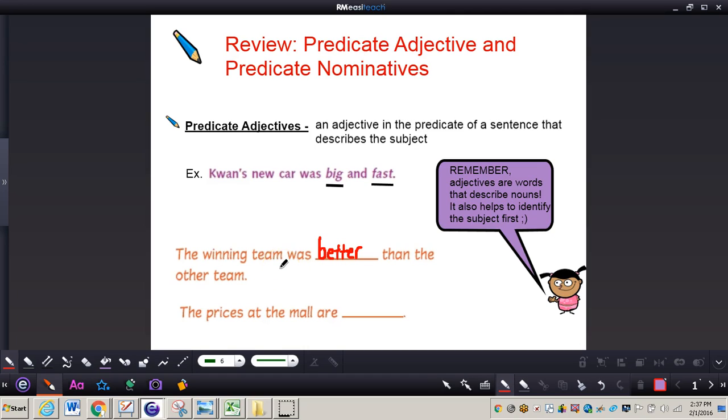Next one, prices at the mall are cheap. So we can see that cheap is in the predicate of the sentence, and it's describing the subject of the sentence, which is prices. Okay, so cheap prices. So that would be an example of a predicate adjective.